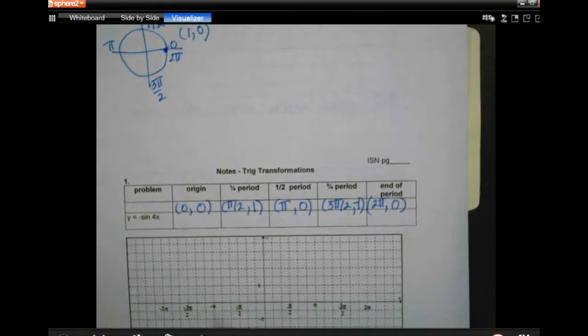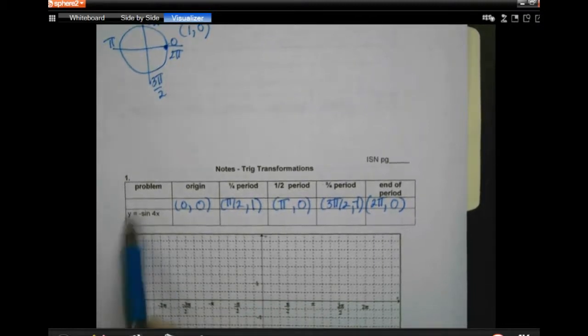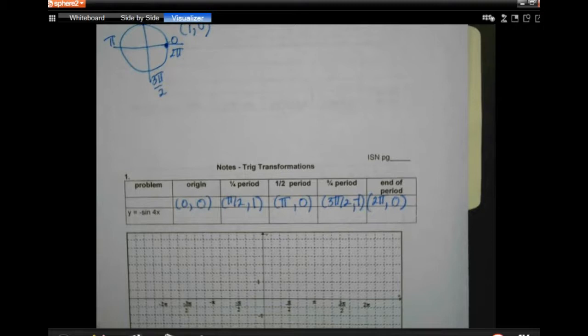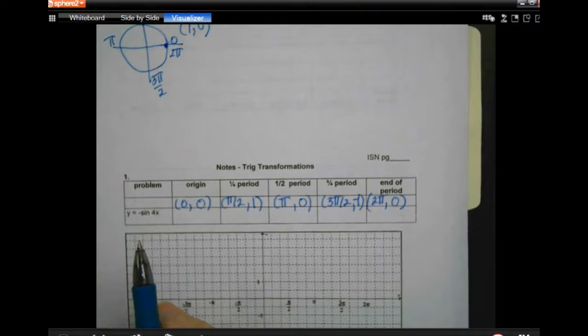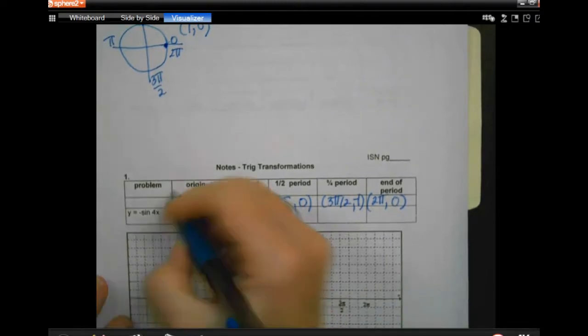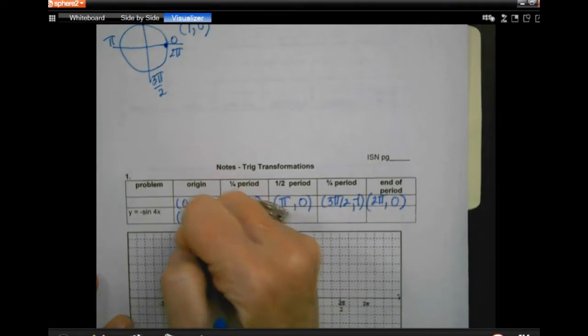So right here, y equals minus sine of 4x. So what am I going to do with the 4? That's with the x. Am I going to multiply or divide? Divide. So I'm going through. 0 divided by 4 is 0.